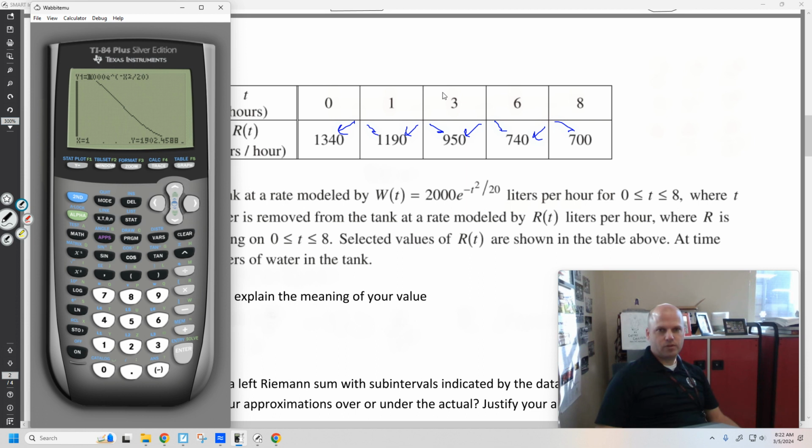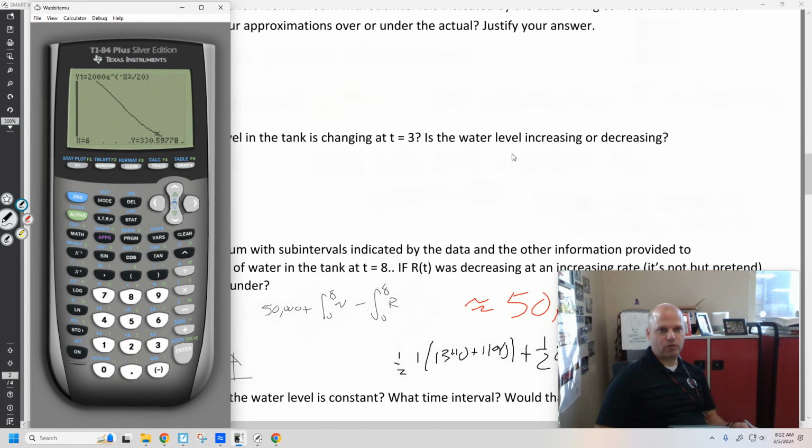I'm going to just put some points down, and I see my rate in is bigger than my rate out at 1. My rate in is bigger than rate out at 3. At 6, my rate in is smaller than my rate out. So somewhere between 3 and 6.